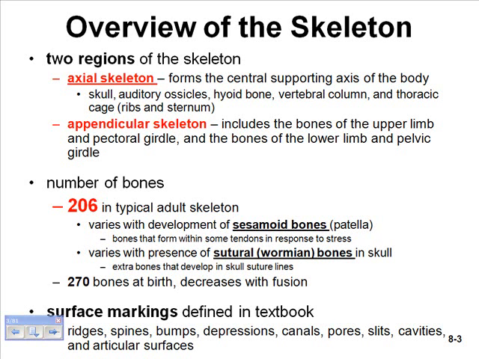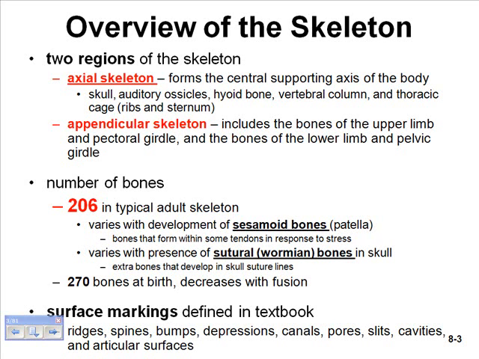So you also in your textbook have a table that goes through some of the surface markings where we talk about depressions where maybe muscles would lie. We talk about pores or openings where nerves or blood vessels would go through the bone. There are certain cavities within the body that exist, and bumps, ridges, or spines, or these projections on the bone surface.